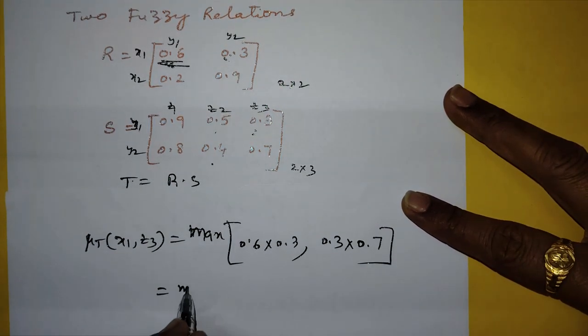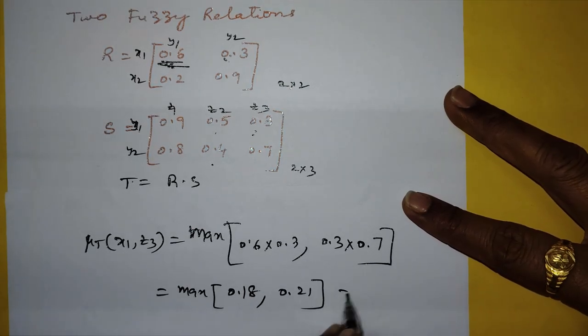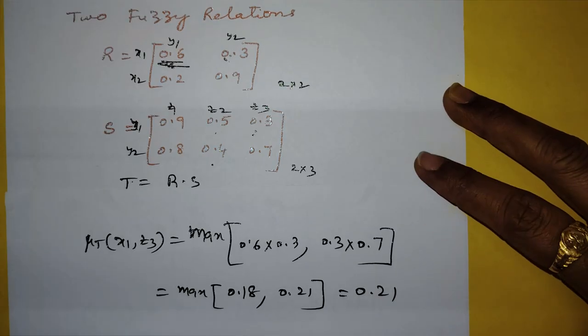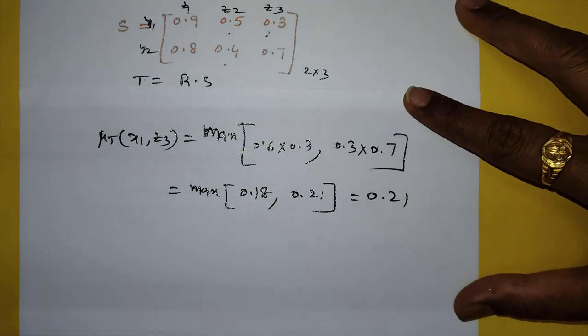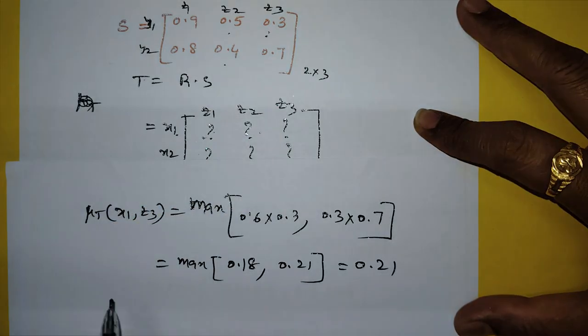What is 0.6 into 0.3? That is 0.18. 0.3 into 0.7 is 0.21. What is the maximum? That is 0.21. Next, we got x1 z1, x1 z2 and x1 z3.